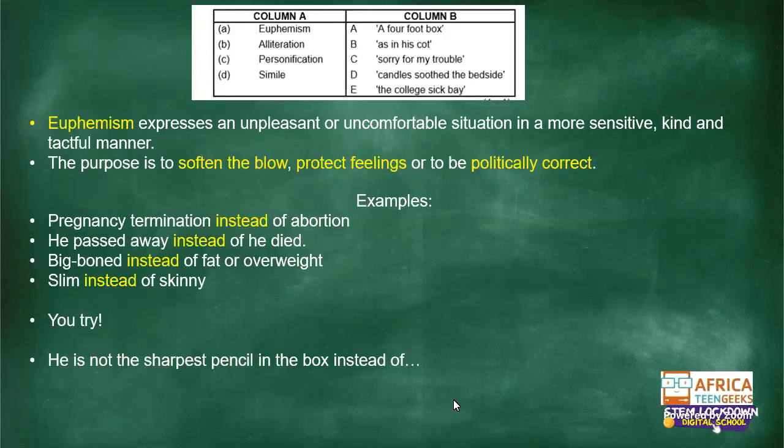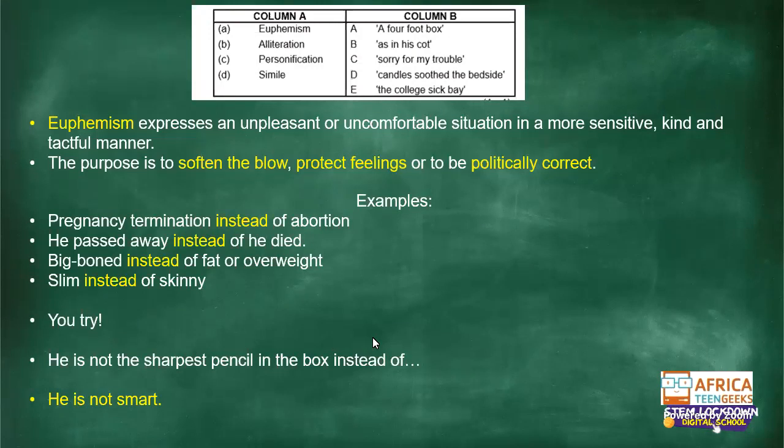When you say he is not the sharpest pencil in the box? Sky? Yes, ma'am. When you say not the sharpest pencil in the box, you mean that he's not very smart. Well done. Thank you so much, Sky. That's correct.